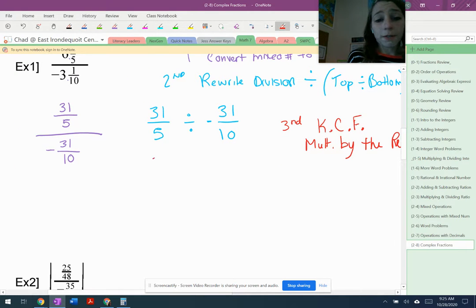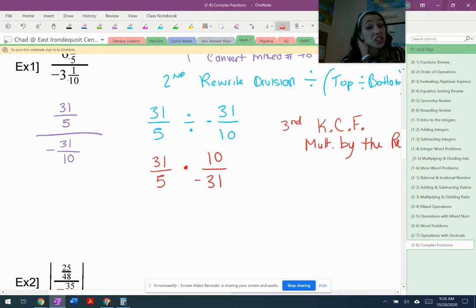So keep that first fraction the same, change to multiplication. The reciprocal, still negative. Remember, I'm not changing the sign. 10 over 31. And you can have the negative up there with the 10. You can have it with the 31, as long as it's just there somewhere, only once. You can't have it in both spots.